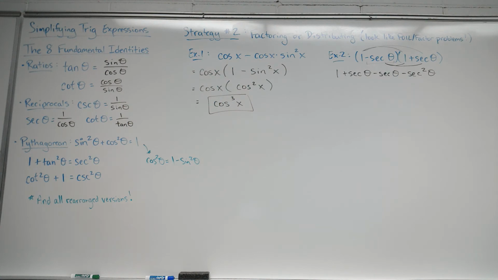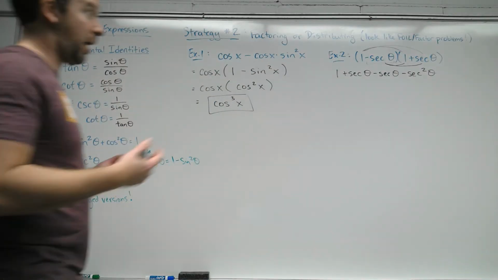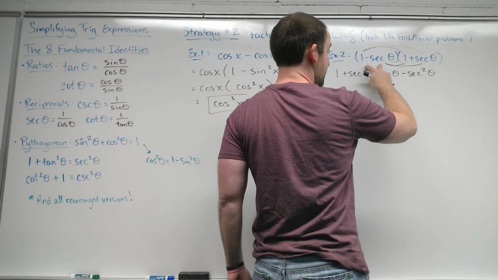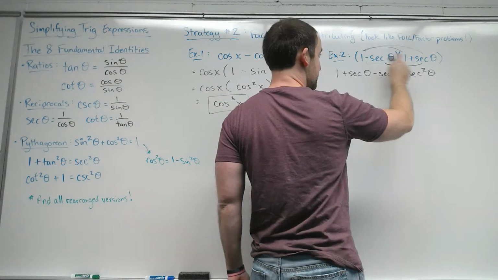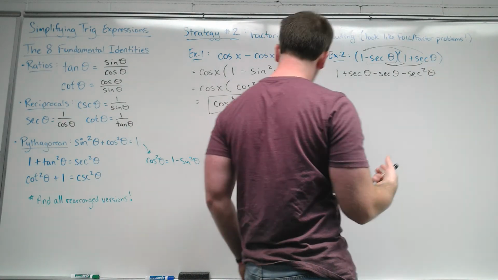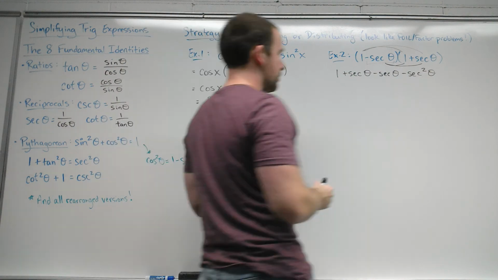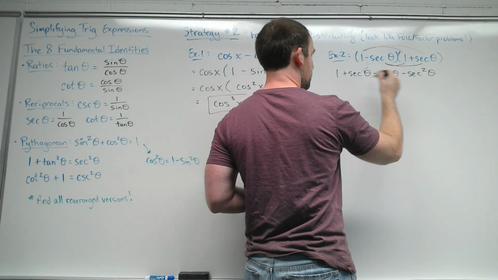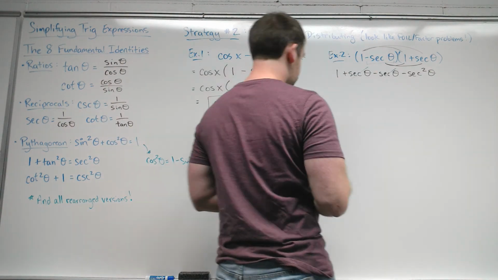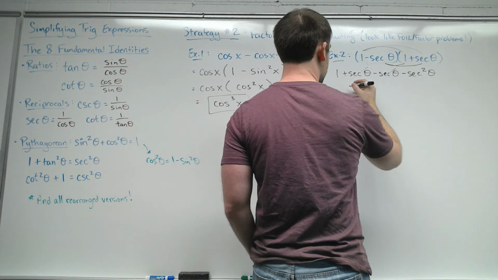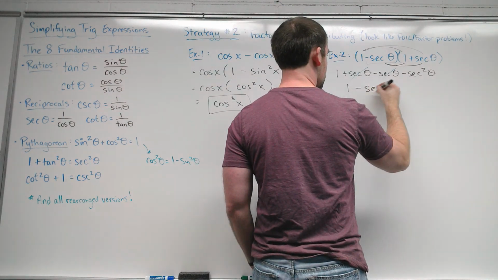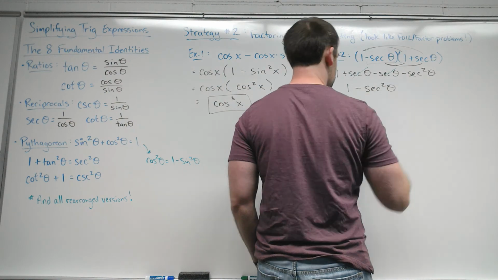Yeah, so it's just foiling or distributing like normal. And just like a normal one where it's exactly the same, but one's a positive and one's a negative, when we have opposites like that, the middles always cancel out. Notice here, the middles cancel out. And so I'm just left with 1 minus secant squared.